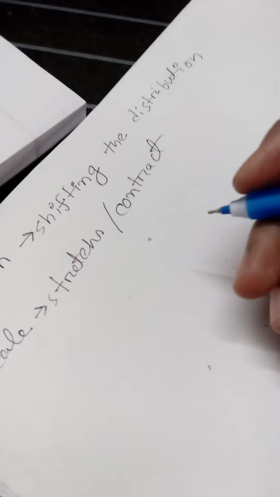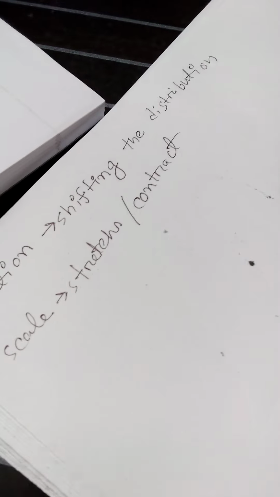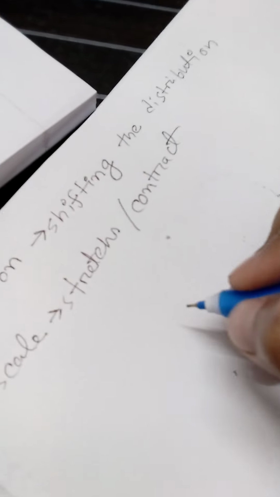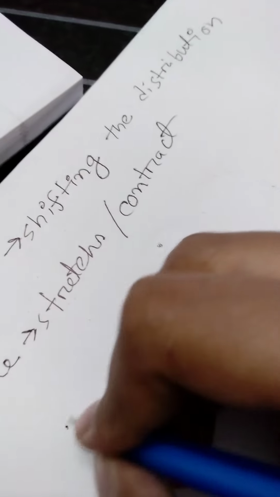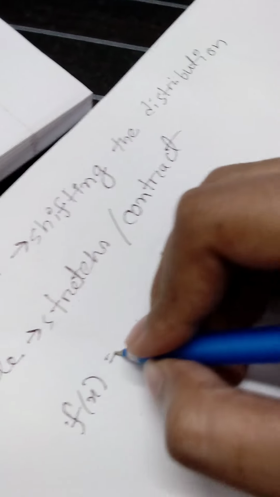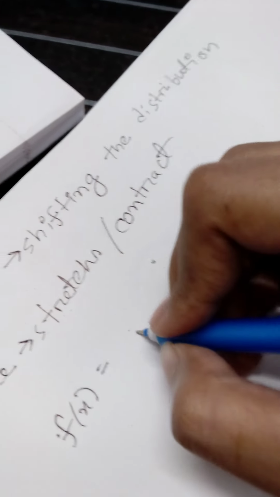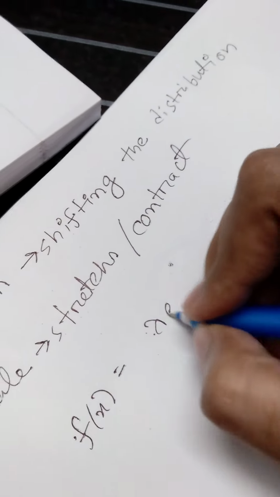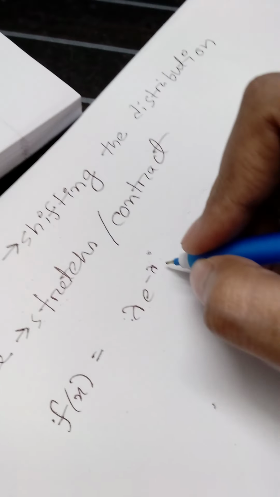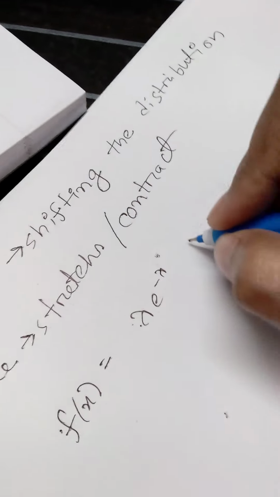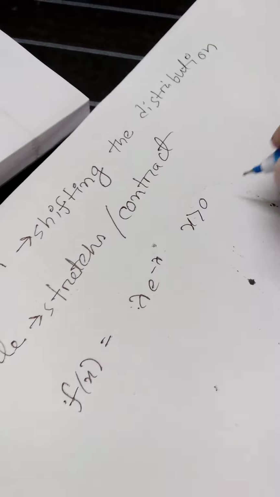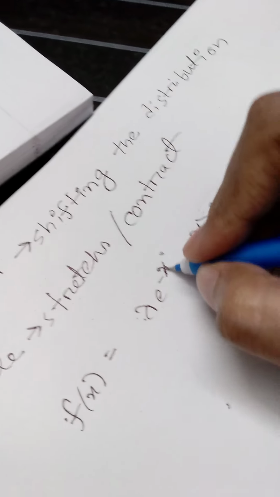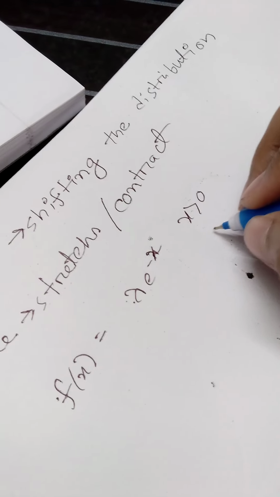There we will introduce the threshold. Threshold means minimum, with an example. We can write the PDF of the exponential distribution: lambda e to the power minus lambda x, for x greater than 0, where lambda is our parameter.